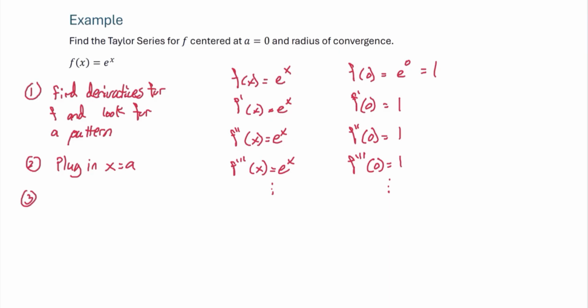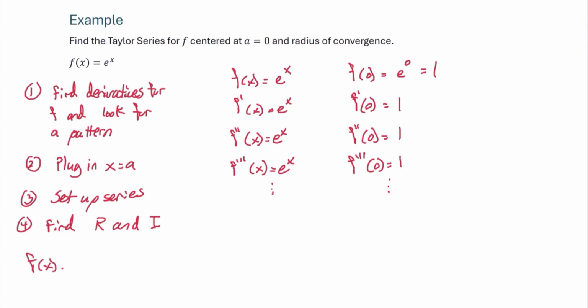Step 3, we'll set up the series. And then step 4, we will find r and the interval of convergence. So we'll find the radius and the interval of convergence.